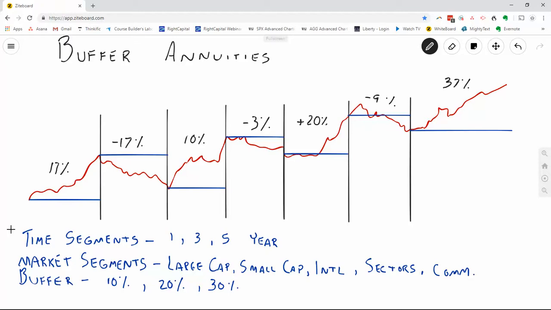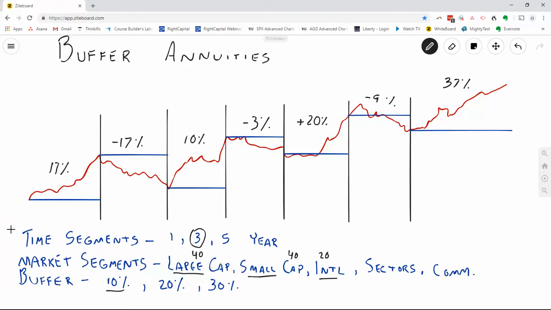So let's take a look at an example so that you can kind of get an idea of how this might work. Let me pull up my pen and my whiteboard here. I'm going to use an example of a 3-year segment. I'm going to divide the money, let's say 40% large cap, 40% small cap, 20% international, and I'm going to choose a 10% buffer.